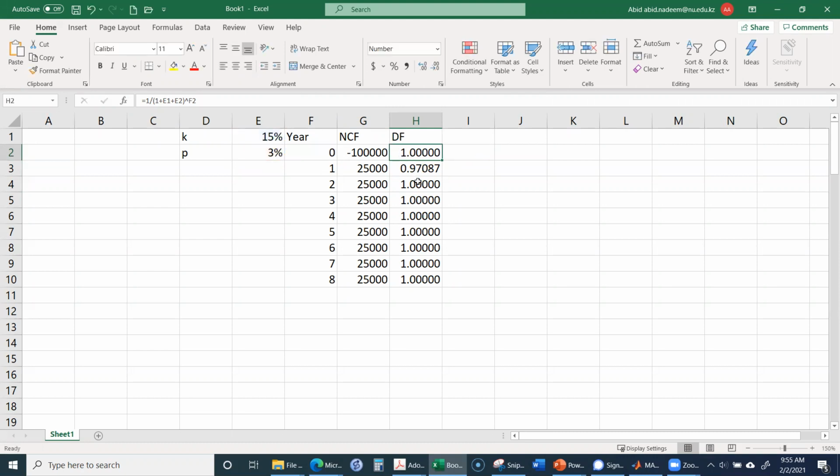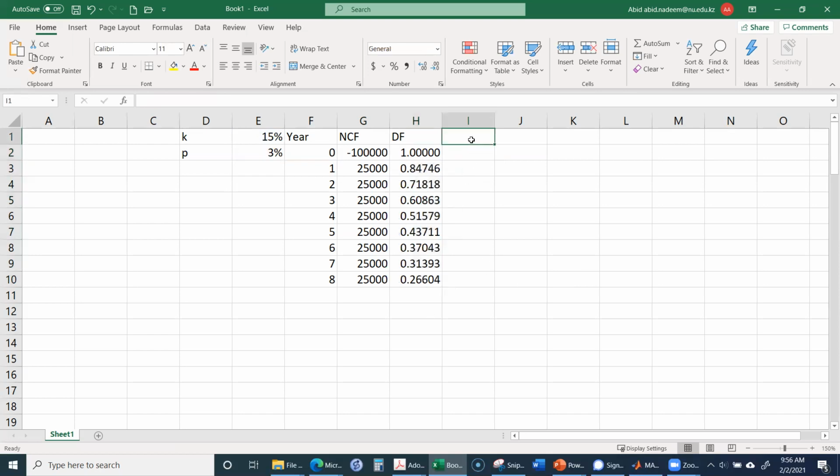Oh, okay, yeah. Because these values are constant, I will have to press the F4 button with E1 and E2, and then it will go like this. So this here is the discount factor.